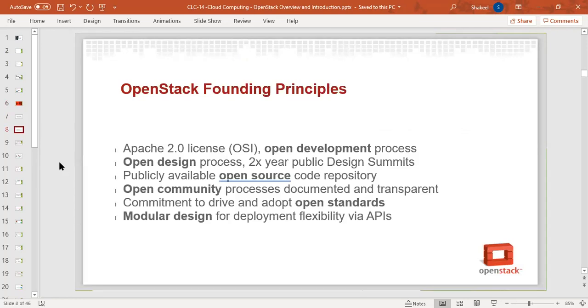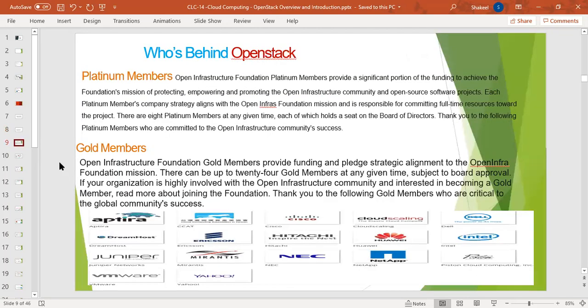These are the principles of OpenStack: Apache 2.0 license, OSI, open development process, open design process, twice-a-year public design summits, publicly available open source code repository, open community process documented, and transparent commitment to drive and adopt open standards. And it has a modular design for deployment flexibility via APIs.